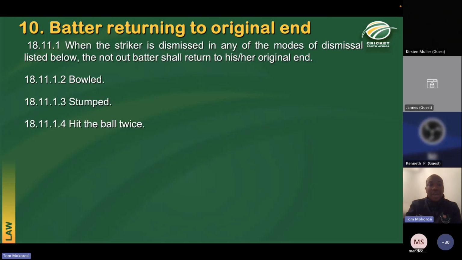Bowled, stumped, hit the ball twice, leg before wicket, hit wicket, and a new one to this list.